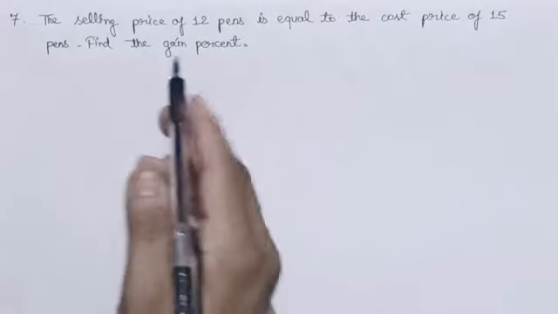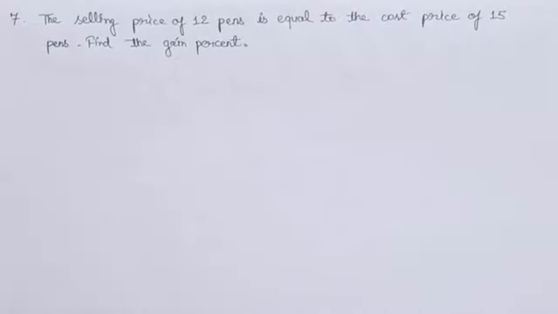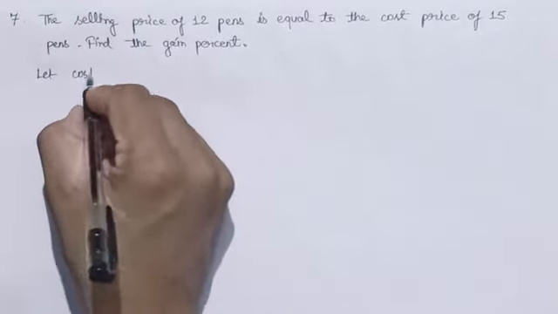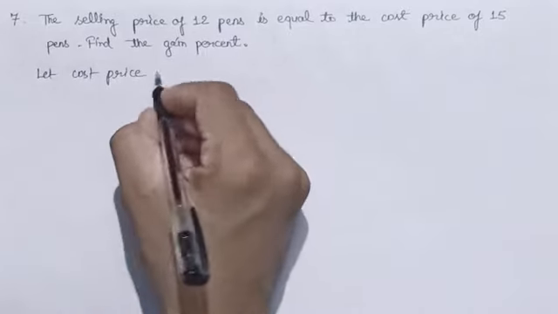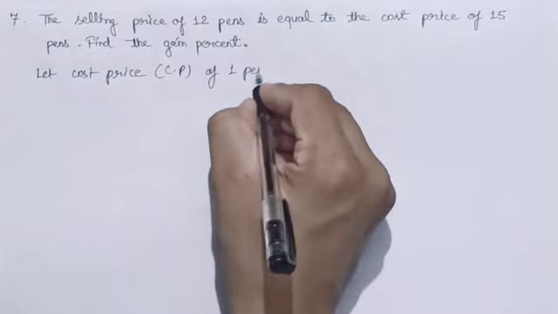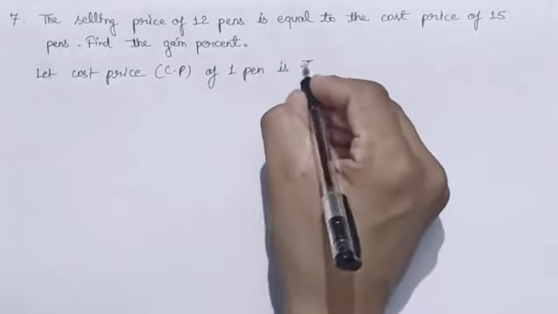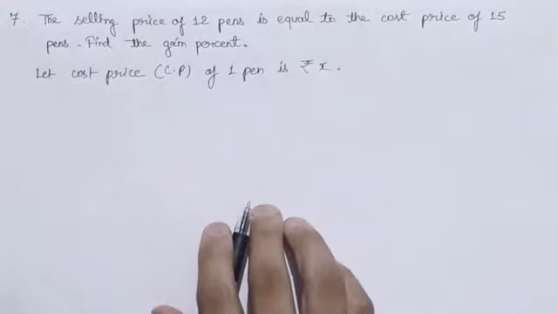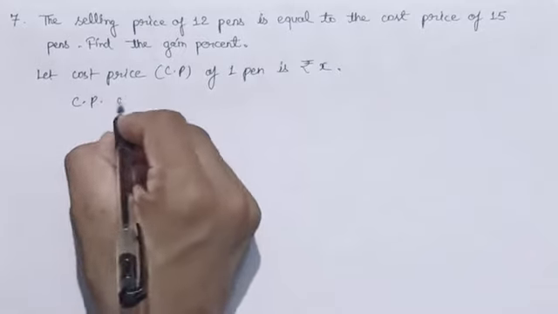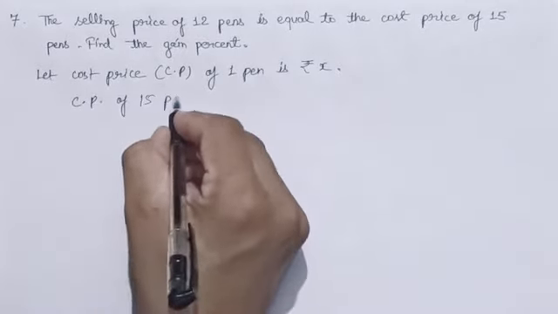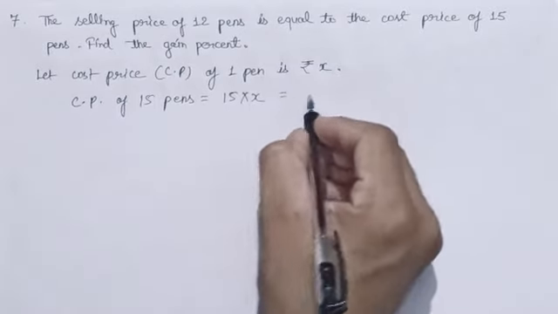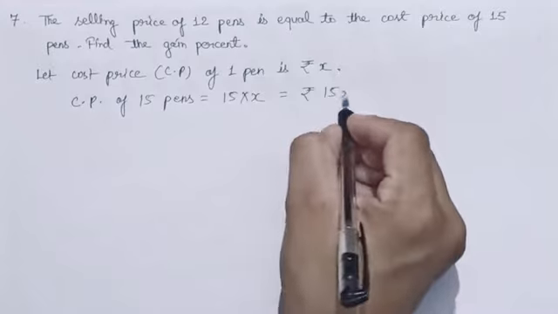So first let us suppose the cost price of 1 pen is rupees X. Let CP of 1 pen be rupees X. Then the cost price of 15 pens, CP of 15 pens, is equal to 15 into X, that is rupees 15X.